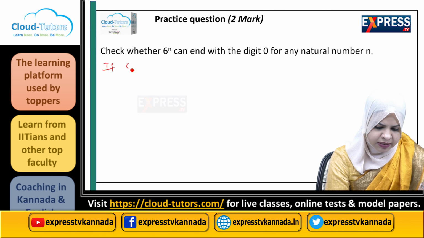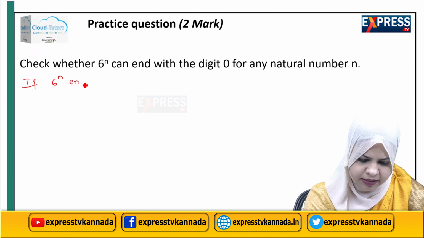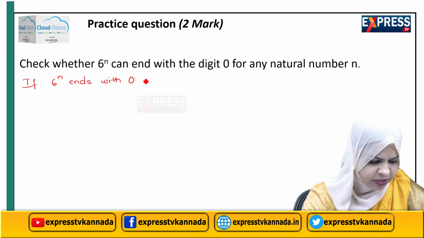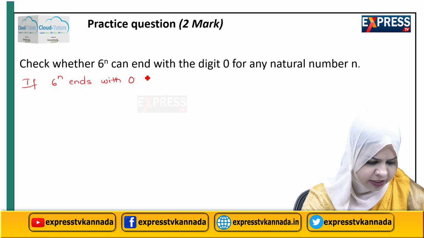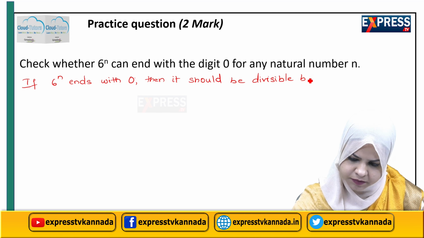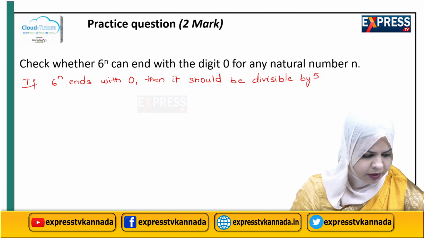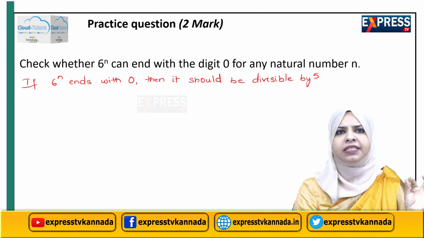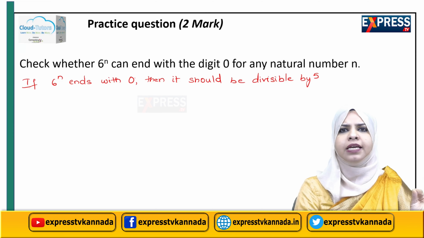If 6 power n ends with digit 0, then it should be divisible by 5. Now, as we all know, if it is divisible by 5, the unit place has to be 0 or 5.